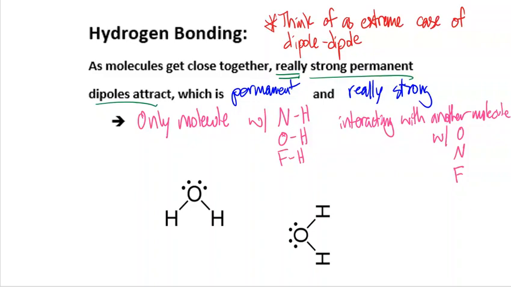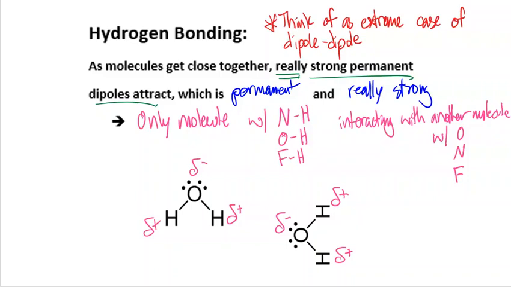First off, I want to go through a typical example of hydrogen bonding where both of the molecules are the same and both of those molecules are water. Okay, so we decided that water is definitely a very polar molecule, and there's going to be a strong partial positive charge on the hydrogens and a strong partial negative on the oxygens.